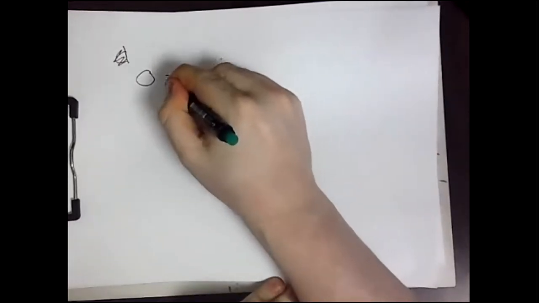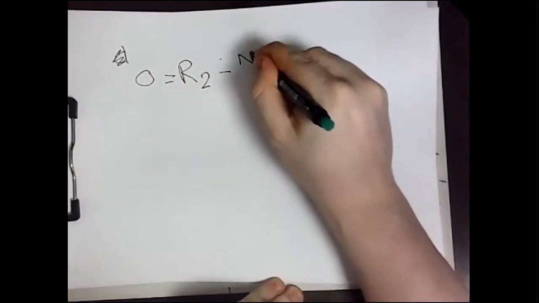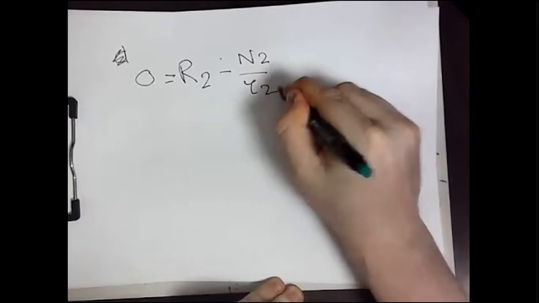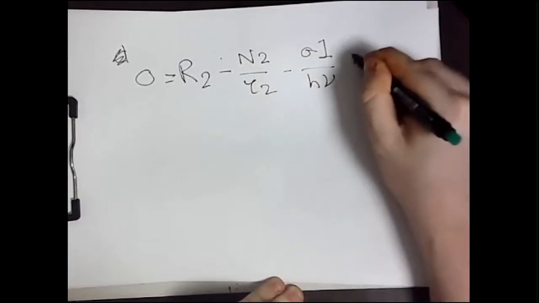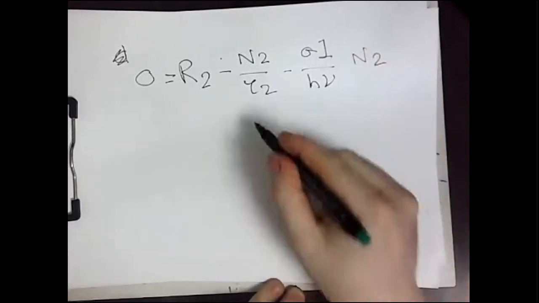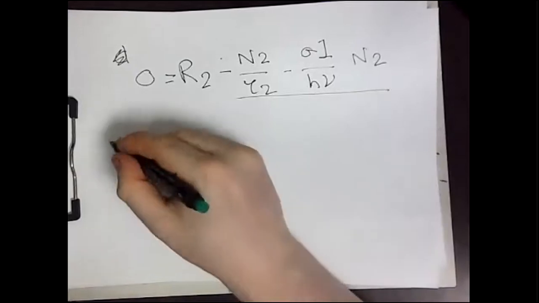So your equation will be rewritten in the form: 0 equals R2 minus N2 over tau 2 minus sigma I over h mu N2. Now you can transfer this to the other side with a positive sign, and we have N2 as a common factor.